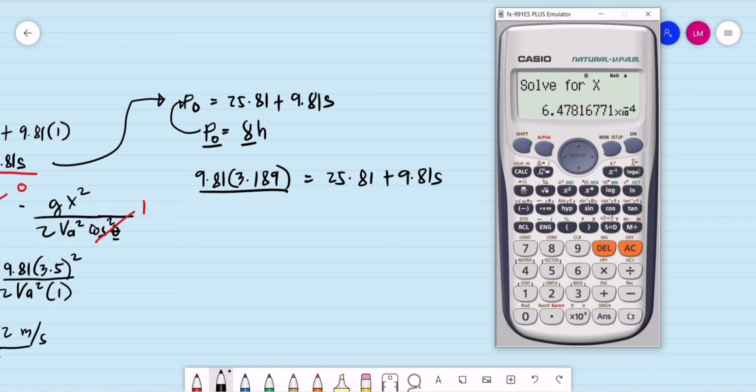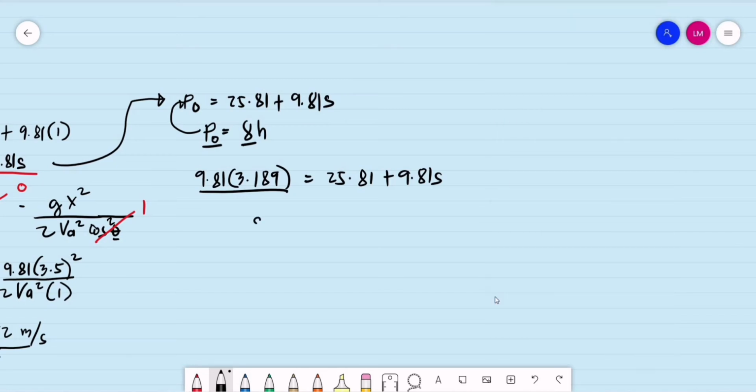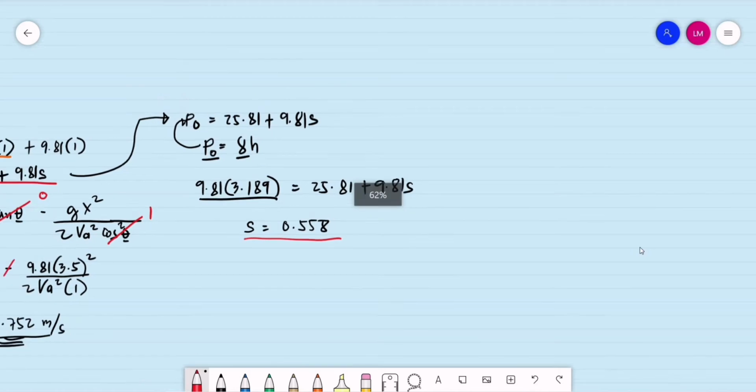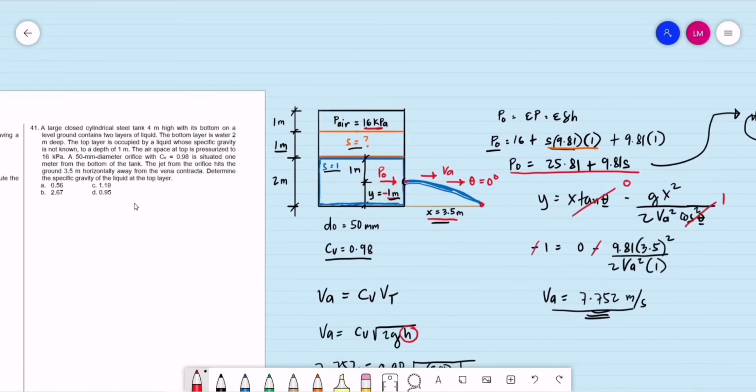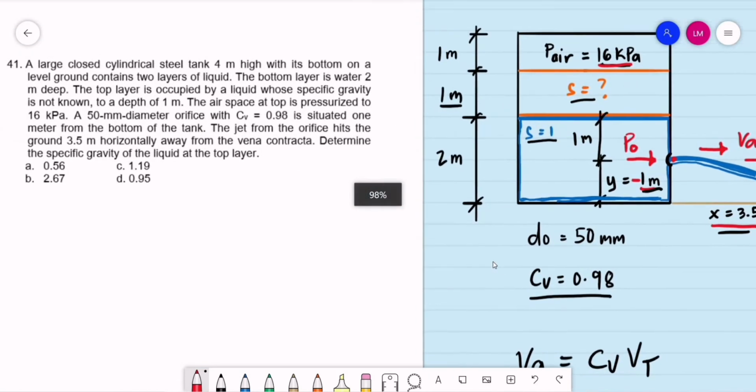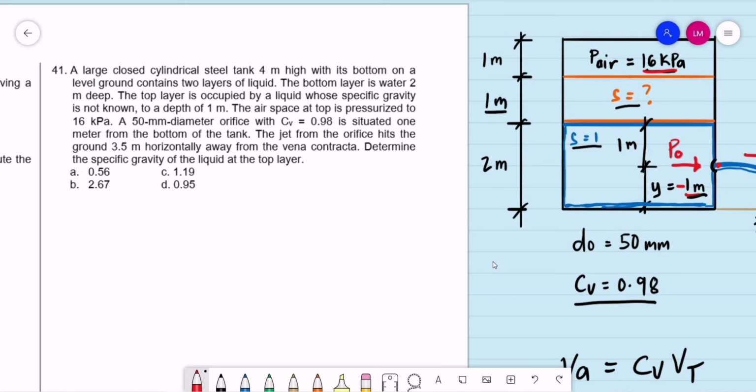Shift solve. That is 0.558. So the specific gravity of the unknown liquid is 0.558. So check natin if we have this value sa choices for question number 41. Okay, so yung nandito is 0.56.